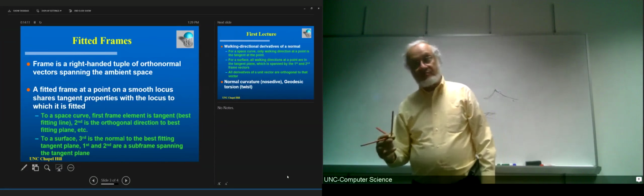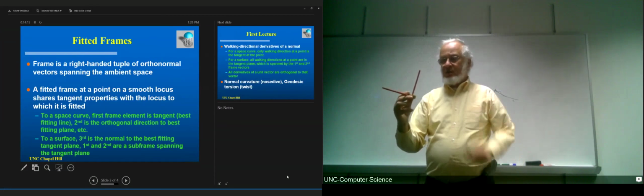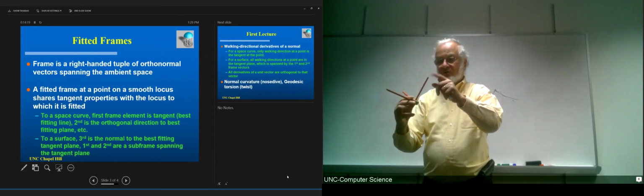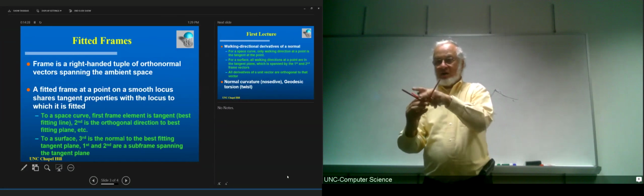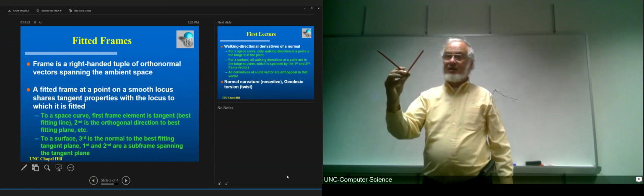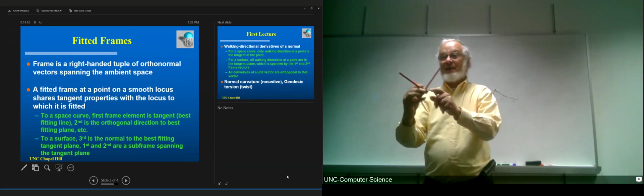And we can fit it in the sense that, for a scalar function of 3-space, this direction might be in the gradient direction of that scalar function, and these two are tangent to the level surface of that scalar function at that point.